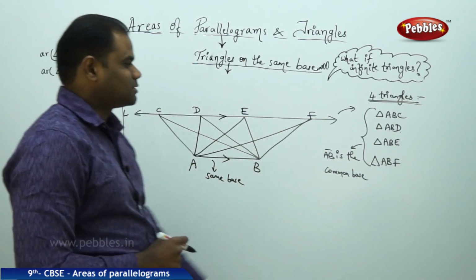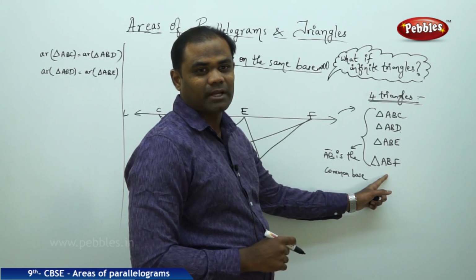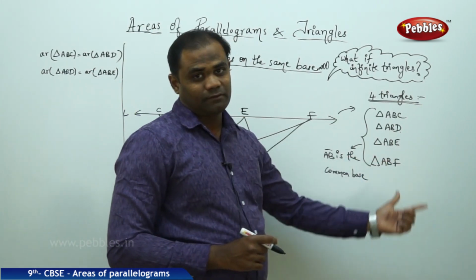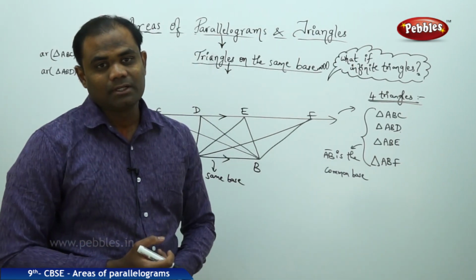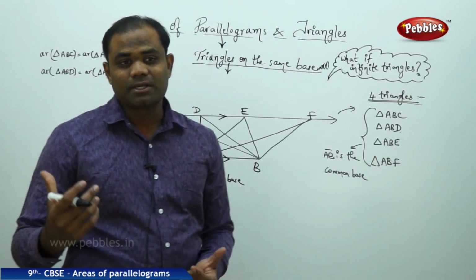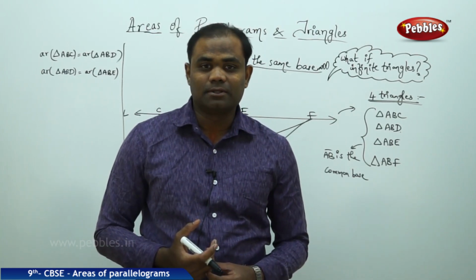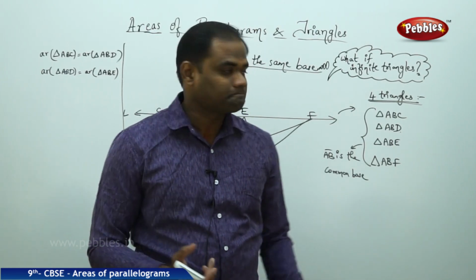Next, now since these 2 triangles are on the same base and between same parallels, ABE and ABF must have equal areas, as seen with 2 triangles on the same base and between same parallels are equal in area. The property as discussed in the previous session.